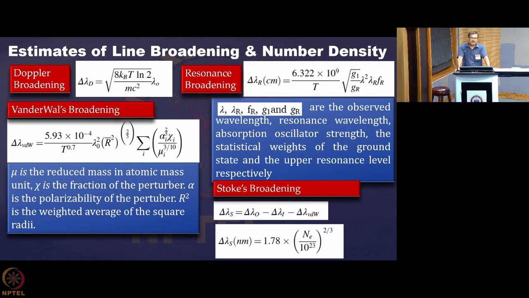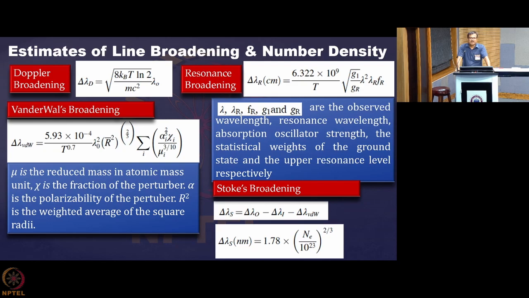Now the resonance broadening, what we are talking about, is due to surrounding atoms in the ground state of the same type. That is related to the temperature, and it involves several parameters like you see there: lambda r, fr, gr, g1. I have just written over there what they are.